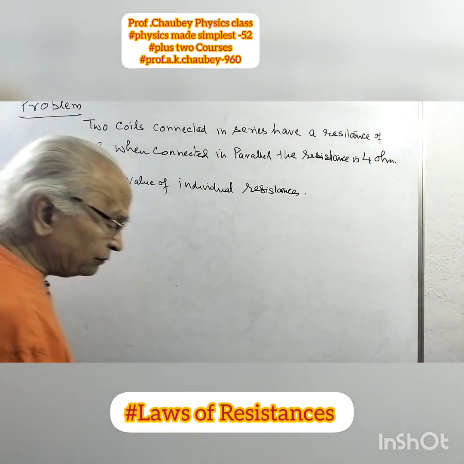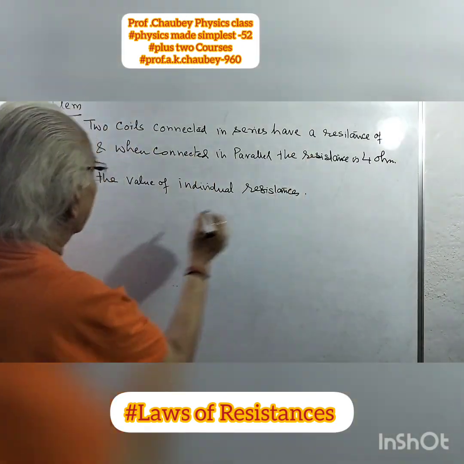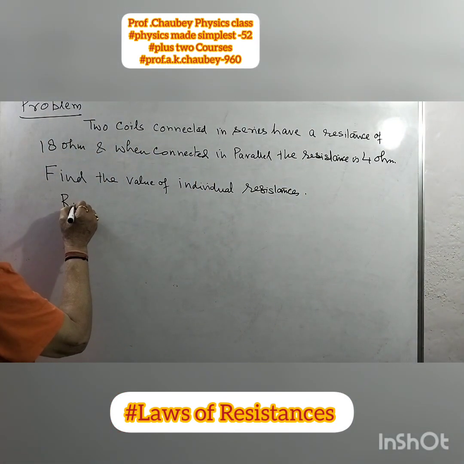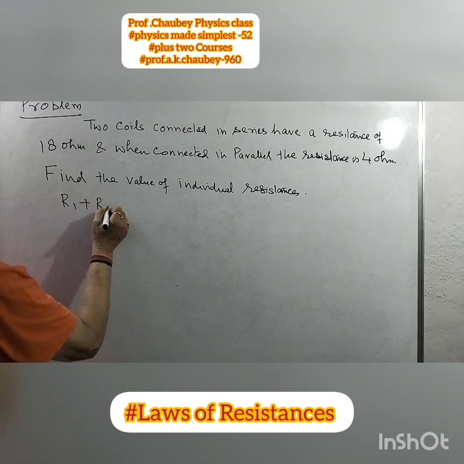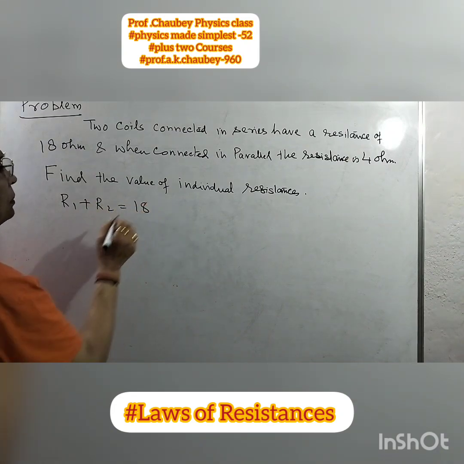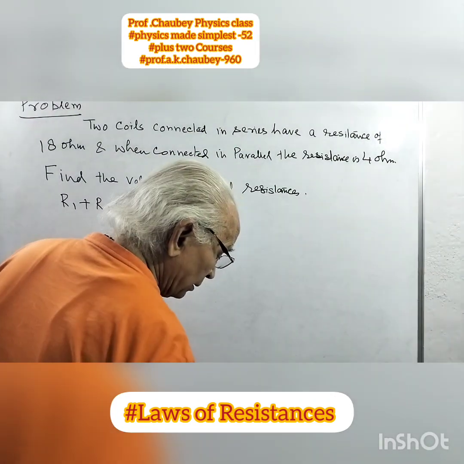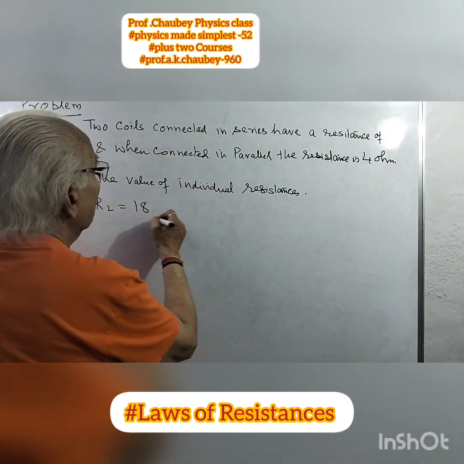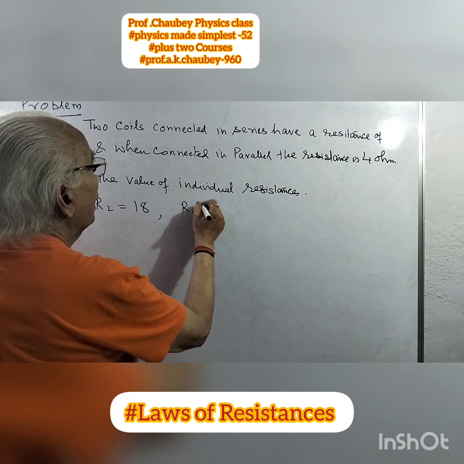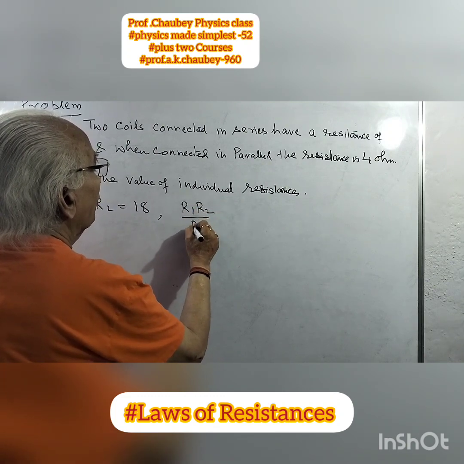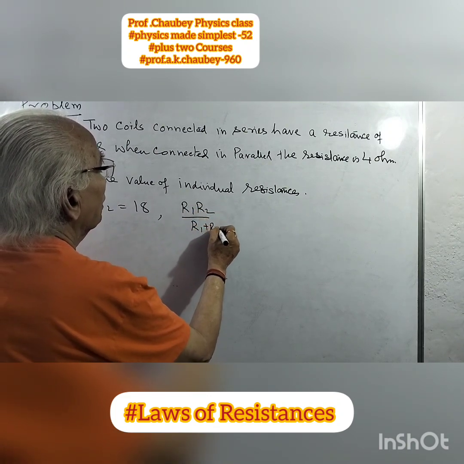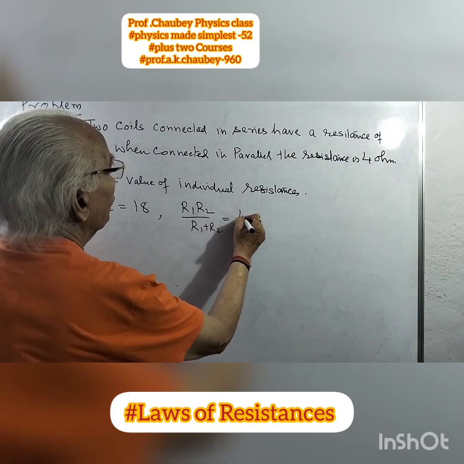So very simple, we write R1 plus R2, series, is 18 ohm. And for the parallel combination we can write R1 R2 over R1 plus R2 is 4 ohm.